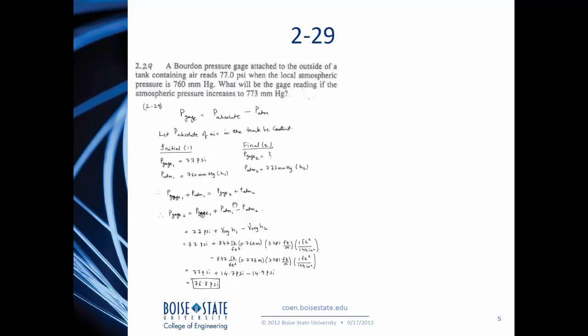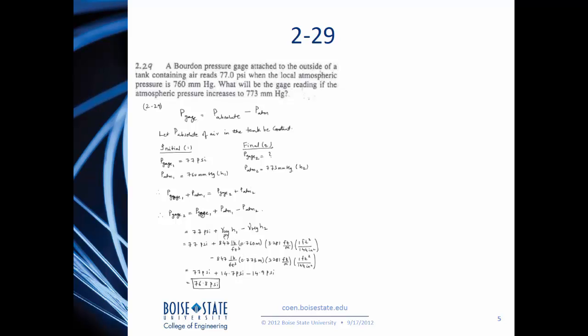So we could use that fact and then solve for the gauge pressure at 2, where you write the gauge pressure at 1, which is 77 psi, plus gamma times H1 will give us the atmospheric pressure in pounds per square feet, and we can convert it to pounds per square inch with the corresponding unit conversions.